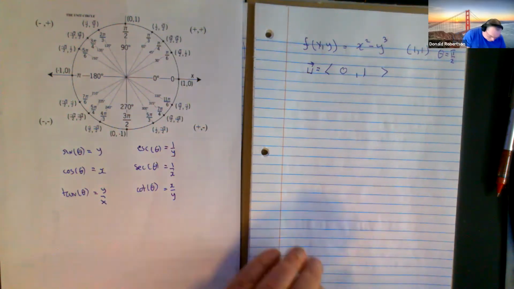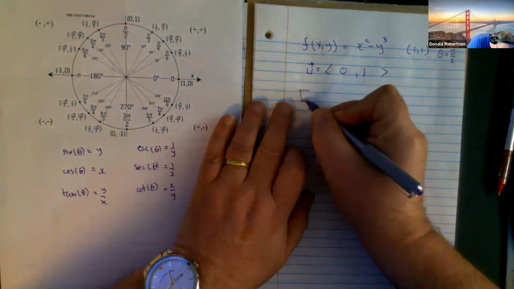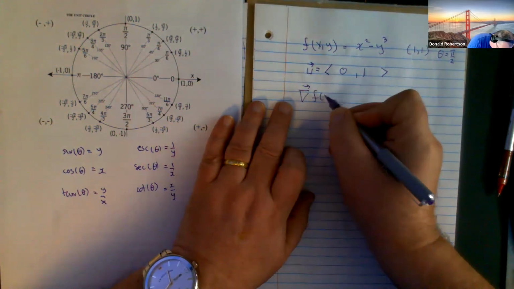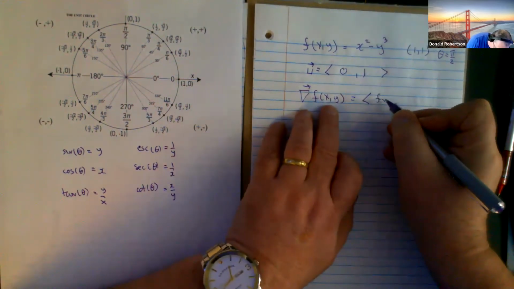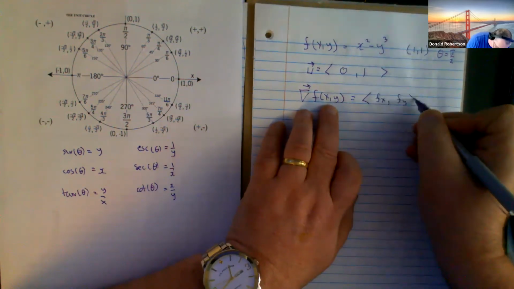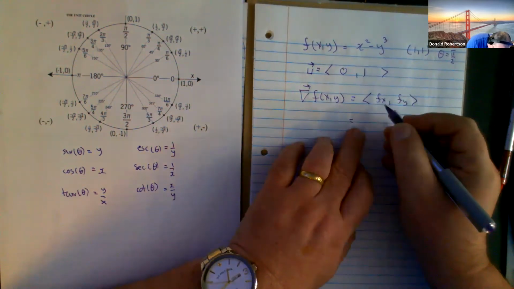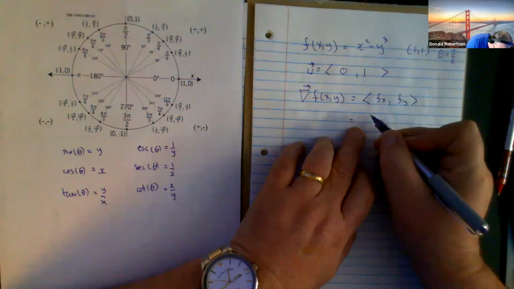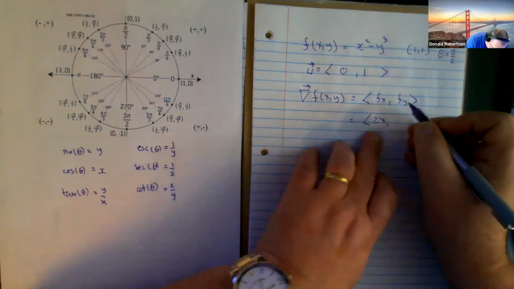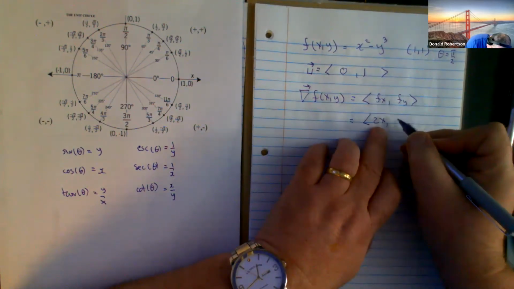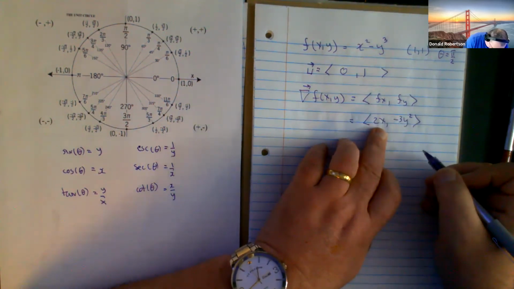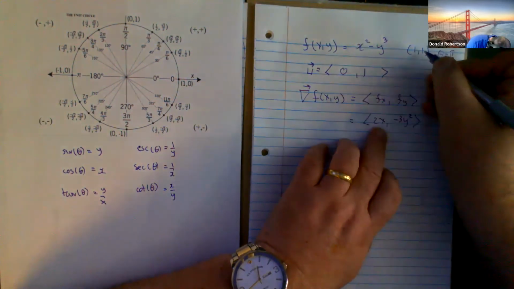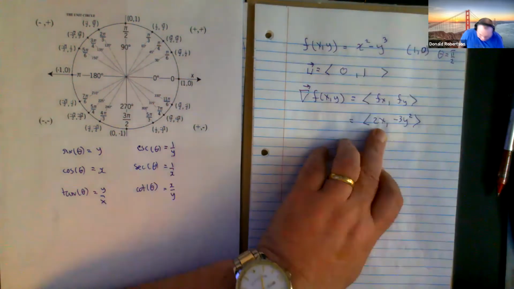Okay, and now I'm going to do the gradient. Partial derivative with x, partial derivative with y, and the partial derivative with respect to x is 2x, good. And the partial derivative with respect to y is -3y squared. Can I change that to 1, 0?